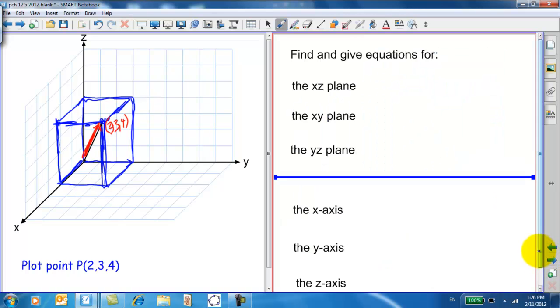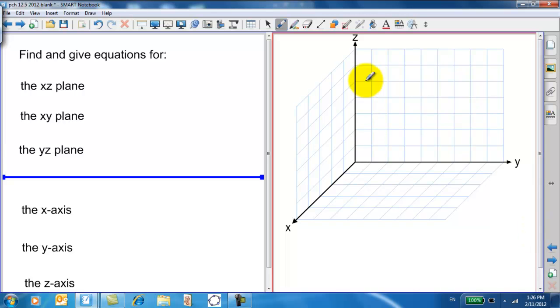Now, what are the equations for all these planes? The XZ plane. All these points are like this. This is 3, 0, 2. And this is 0, 0, 6.